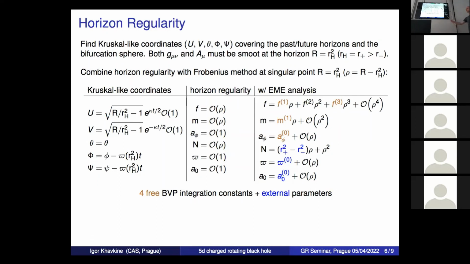So maybe there will be another 4-dimensional space, and then you have these two 4-dimensional spaces meeting inside a 6-dimensional space of solutions of the BVP. And then you could have some freedom in terms of adjusting solutions that are regular at both horizons. And maybe there will be enough freedom to choose the one that is also regular at infinity. But this is speculation, right?